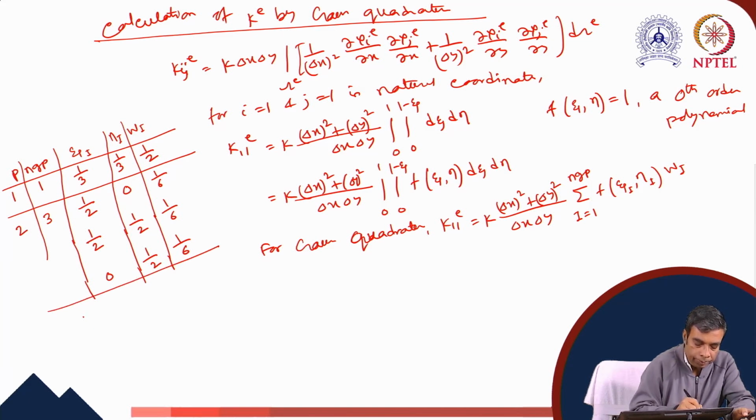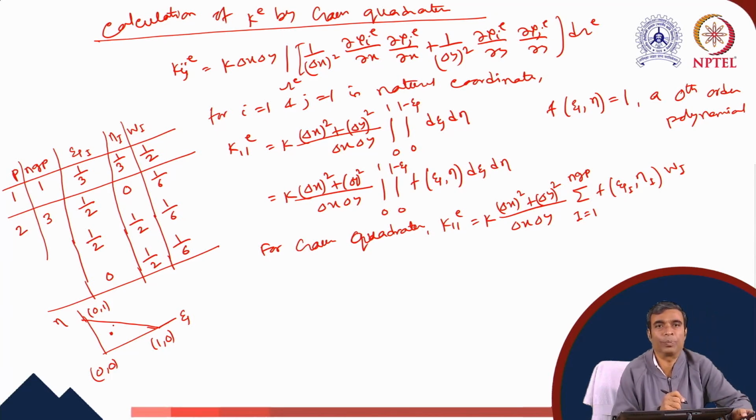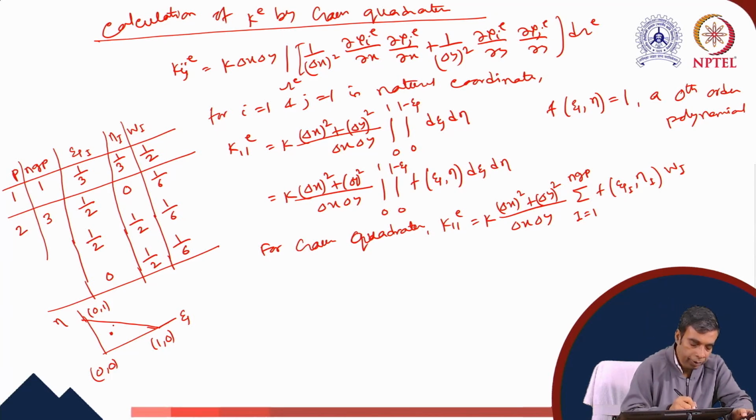So if this is the master element, xi eta, this is 0 0, this is 1 0, this is 0 1, then this point is the location of the Gauss quadrature point for 1 point quadrature.